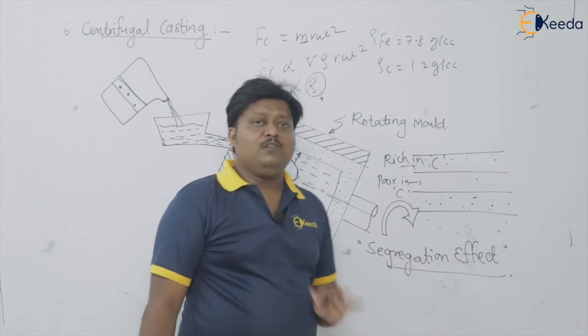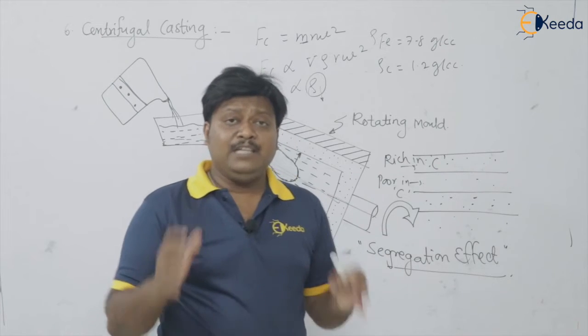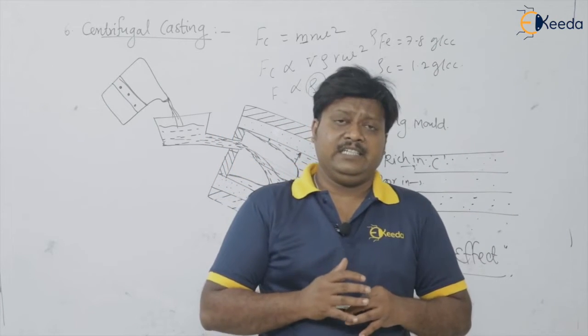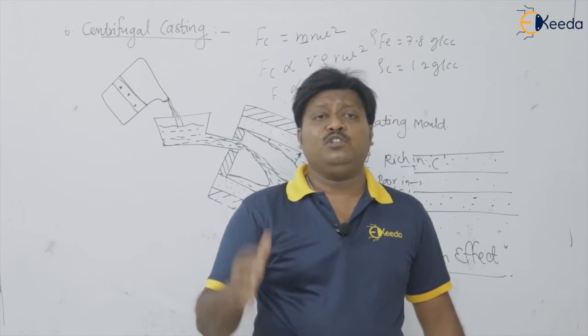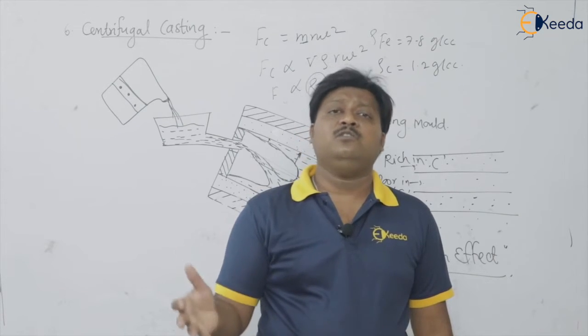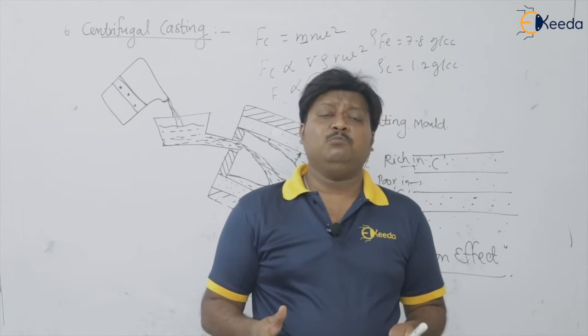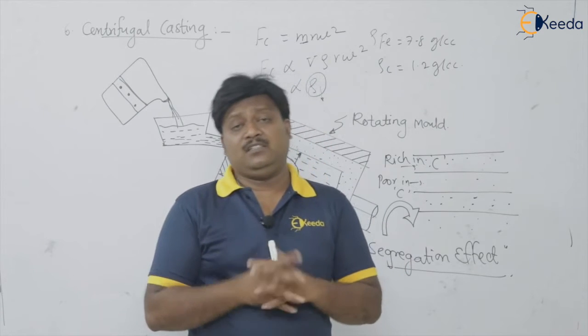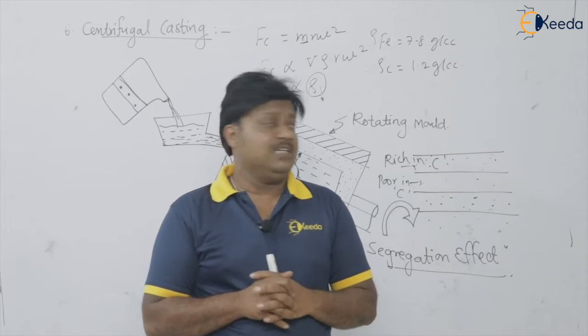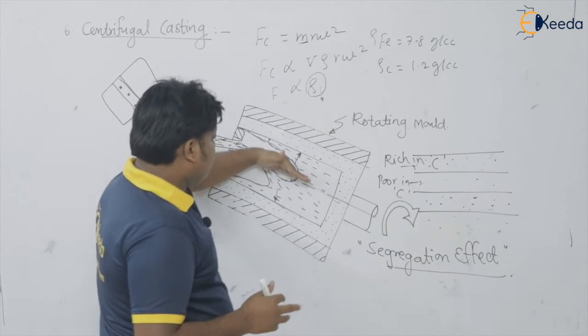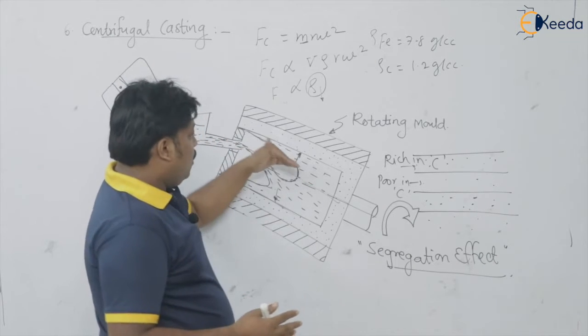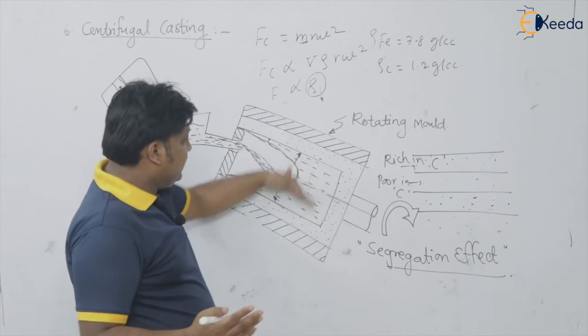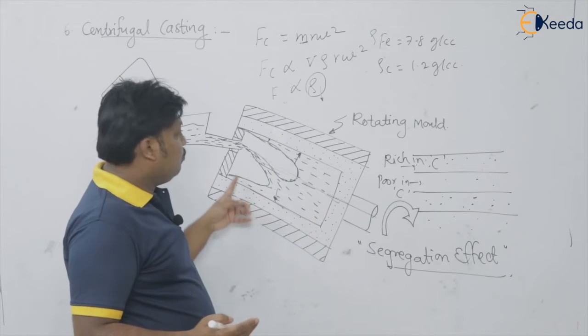Understood? Now, by using this centrifugal casting technique, are we only going to produce the hollow parts? The answer is no. We are also able to produce the solid parts. How? By keeping the mold cavity on any single half of this mold.